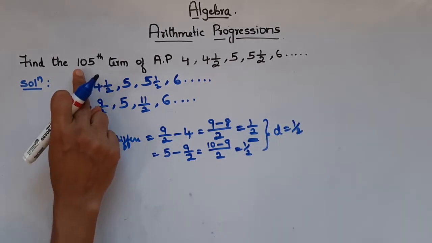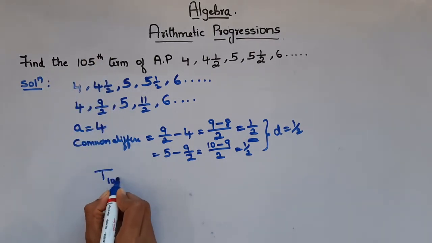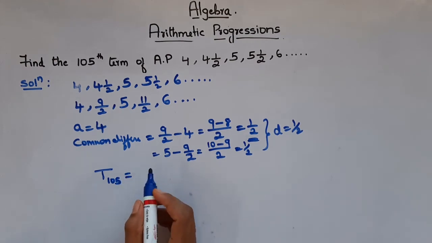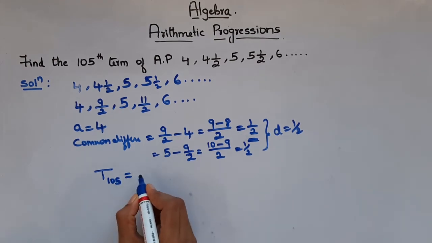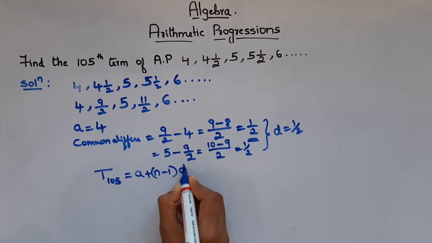So they have asked us to find the 105th term. So T of 105 is equal to, to find the nth term, we have an equation Tn is equal to A plus n minus 1 into D, right?